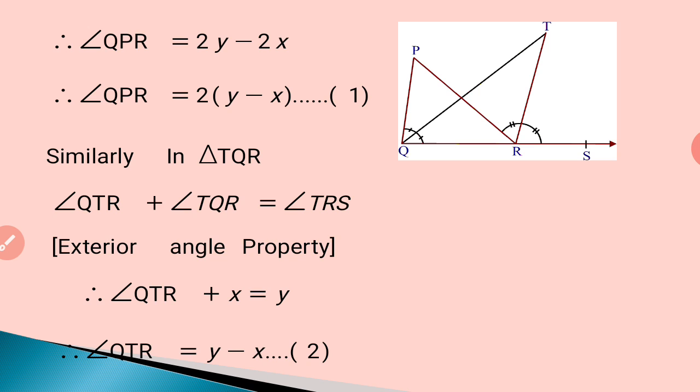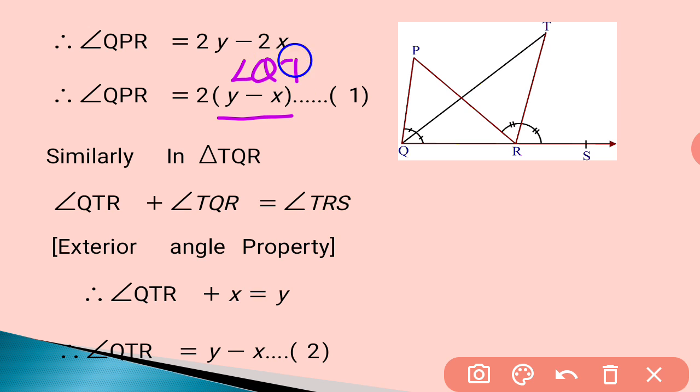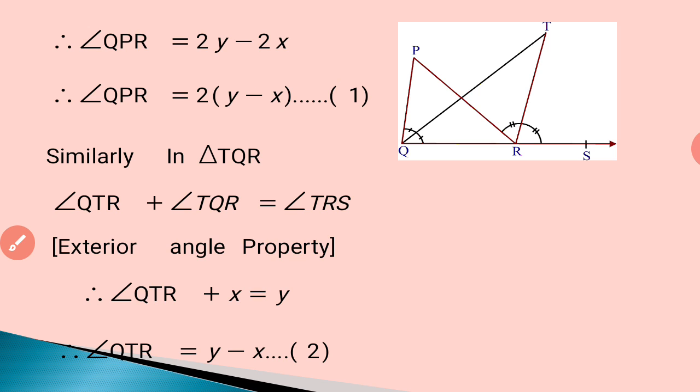Now we are going to substitute statement number 2, which is Y minus X, as angle QTR in statement number 1. So if I substitute Y minus X as angle QTR, my new statement becomes angle QPR equal to 2 times angle QTR.